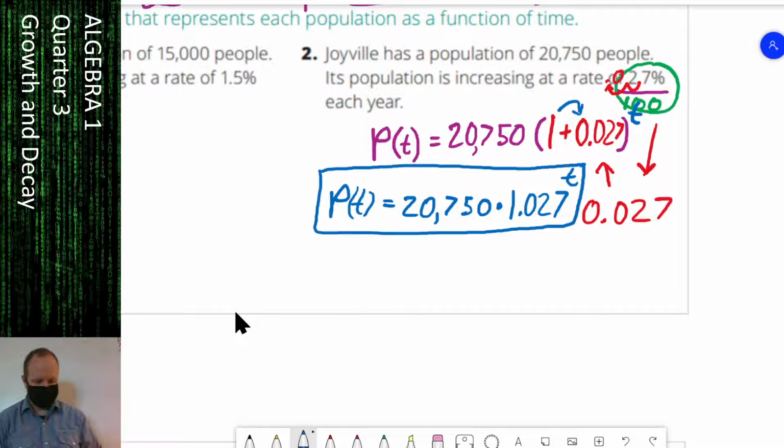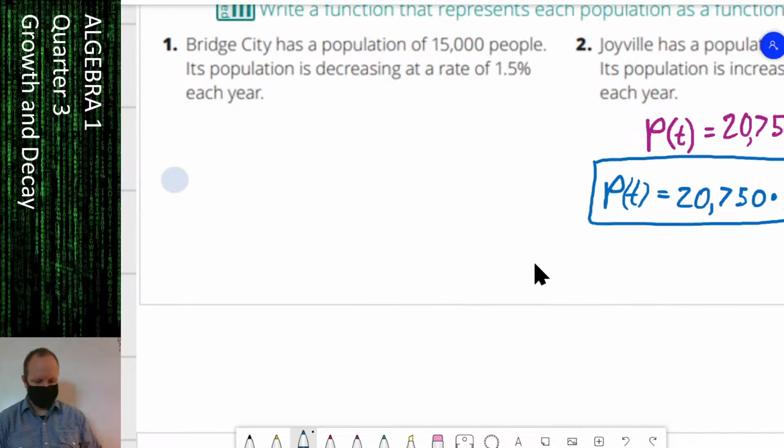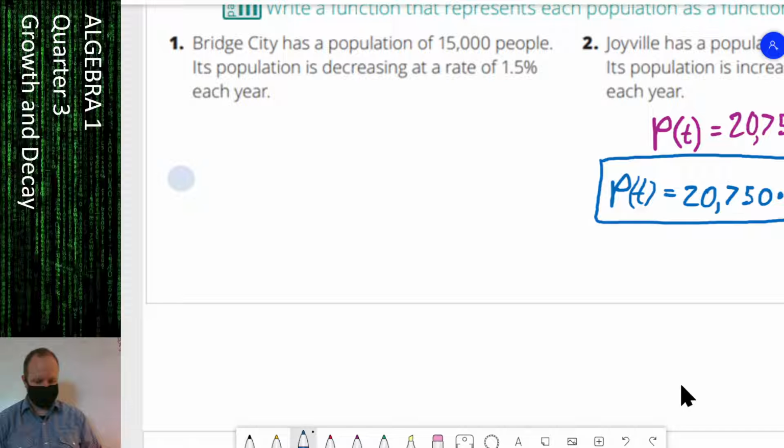Let's go ahead and take a look at problem number 1. The very first thing I'm going to do is take a look at my percent. What am I going to do when I find that number with a percent behind it? Take that and divide it by 100. 1.5 divided by 100.